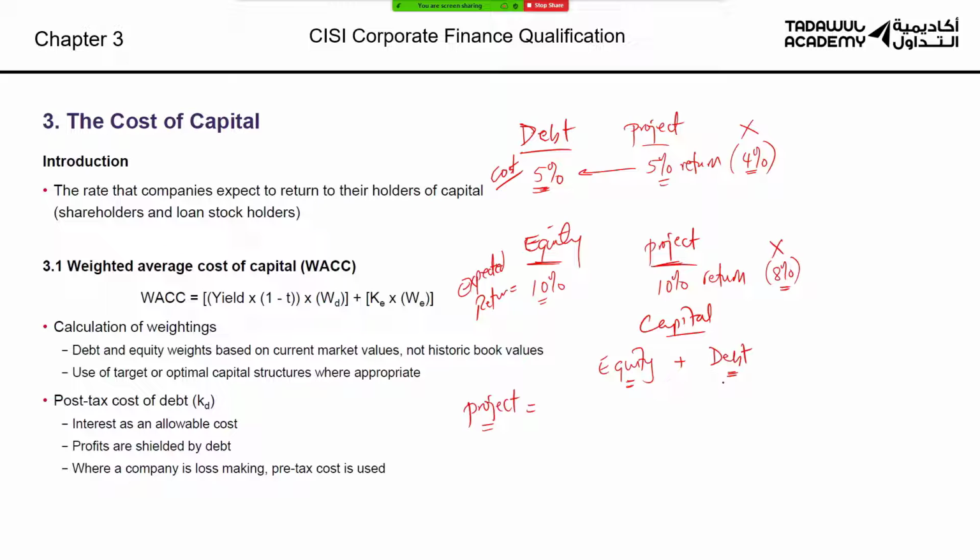Assuming from the previous example that the cost of debt is 5%, this is the interest, we're still simplifying things a lot, so you have to cover the interest, and the cost of equity, which is the expected return of your shareholders, which is 10%.